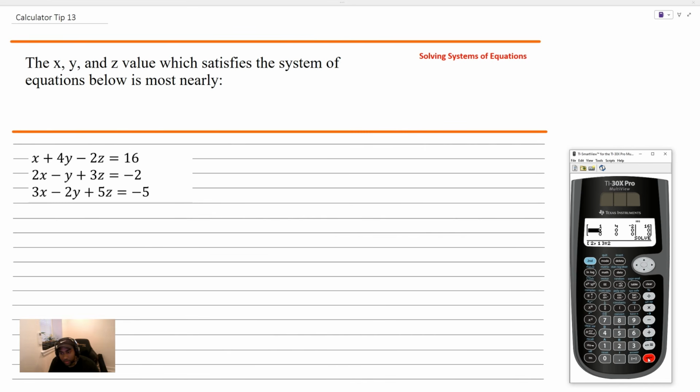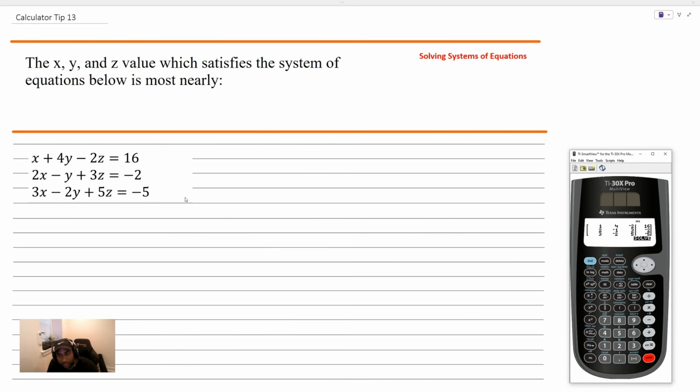2, -1, that's what I'm seeing. 3, and -2. 3, -2. 5, and -5. Now we're going to go ahead and check our input, make sure that we're correct. 1, 4, -2, 16. 2, -1, 3, -2.